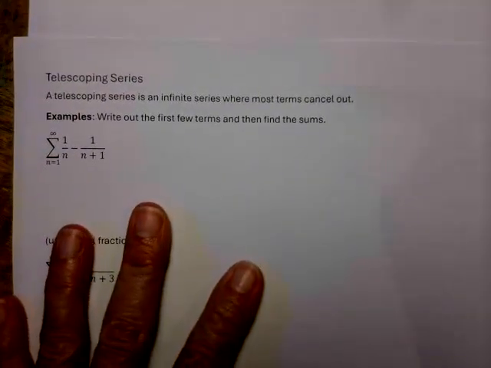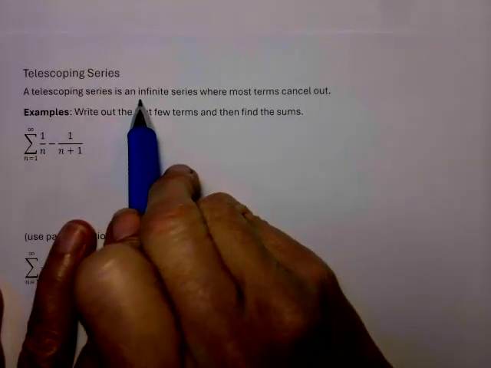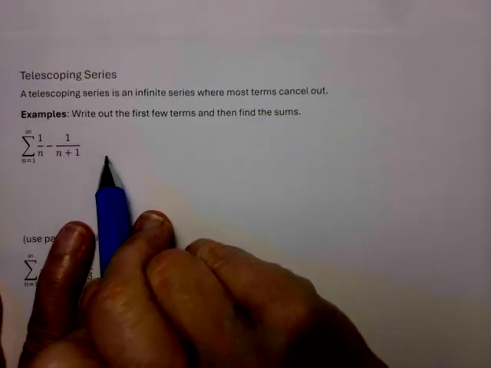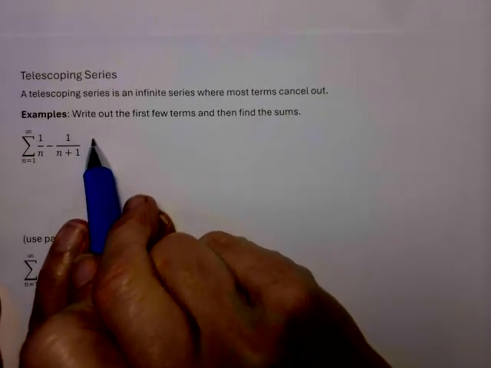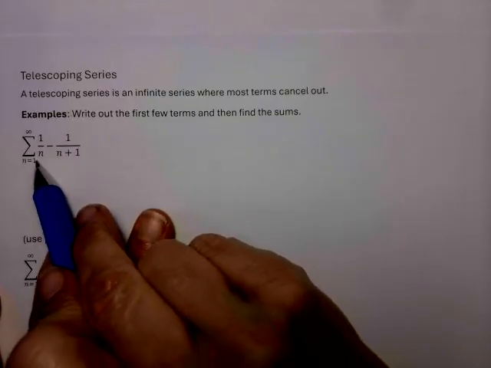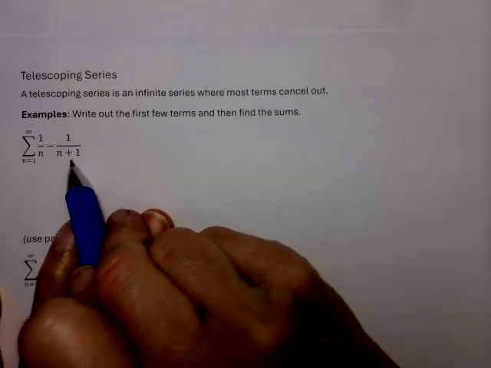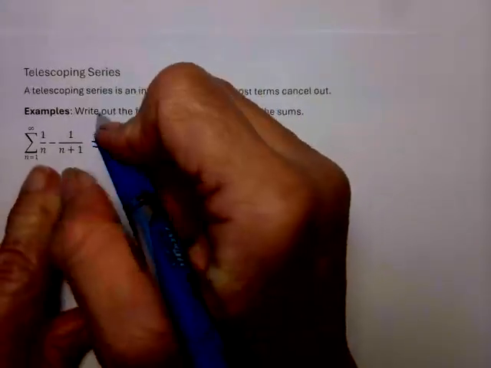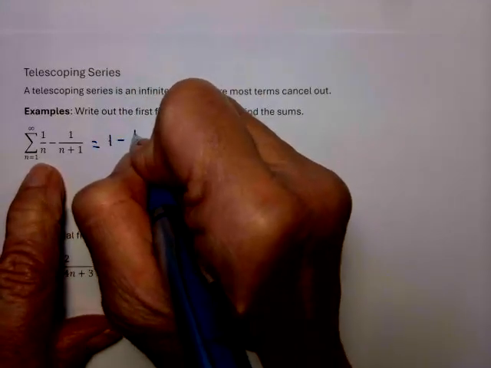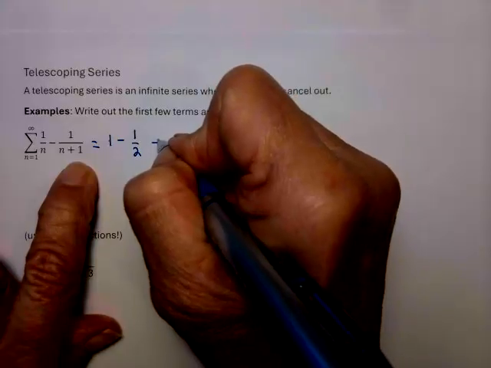Telescoping series. A telescoping series is an infinite series where most of the terms cancel out. We're going to write out the first few terms, find the sums. So I'm adding from 1 to infinity, 1 over n minus 1 over n plus 1. Let's write out our first couple of terms. N equals 1 gives me 1 minus 1/2 plus.